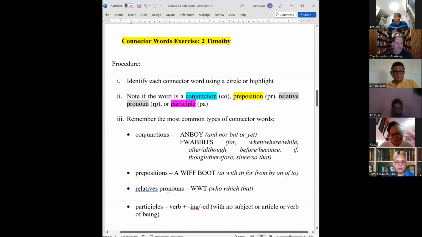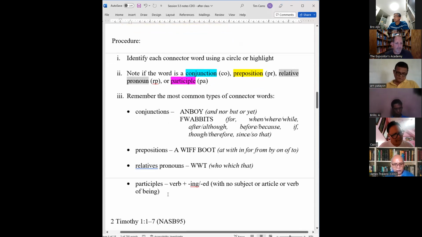Now, for the connector words exercise, this is how I would like us to do it.